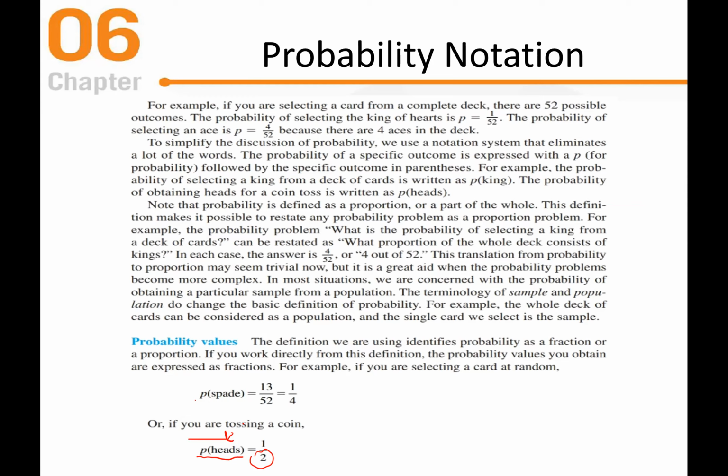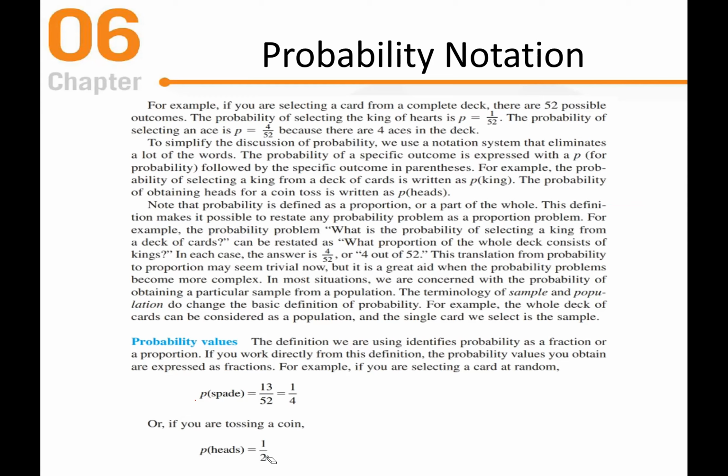Well, there are only 2 options, and one option is heads. So that is 1 out of 2, or 0.50 as a decimal, 1 out of 2 expressed as a proportion, or 50% expressed as a percentage.